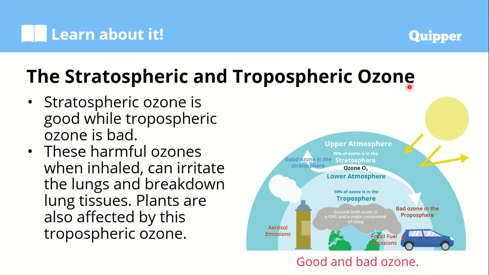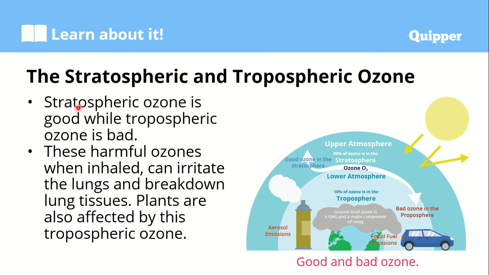But if the ozone reaches the troposphere, the place where humans live, then it is no longer good, because once you inhale ozone gas, it can harm your health, or it would be very detrimental to your body. So stratospheric ozone is good while tropospheric ozone is bad.